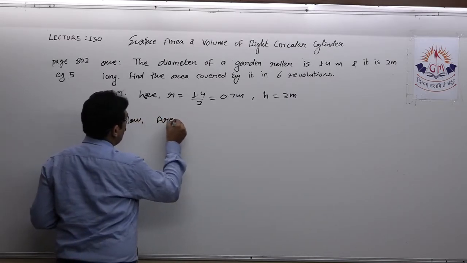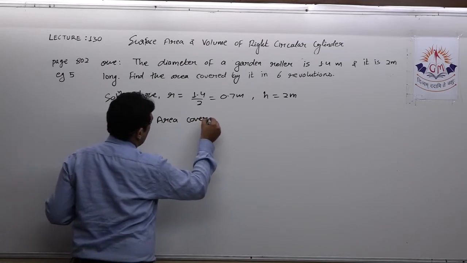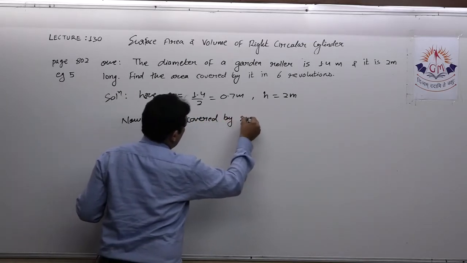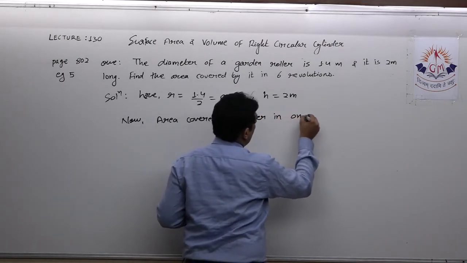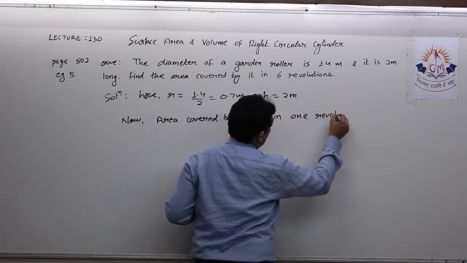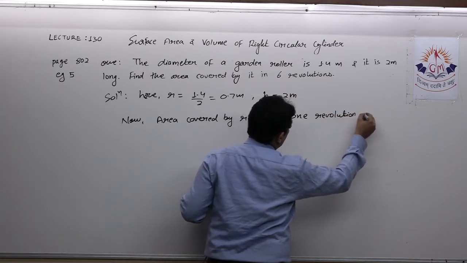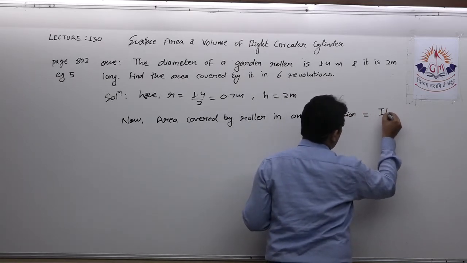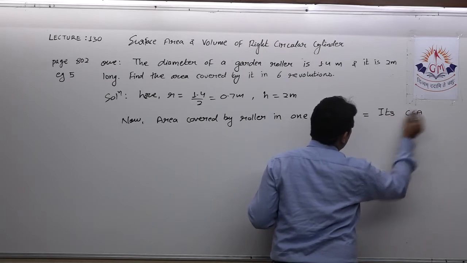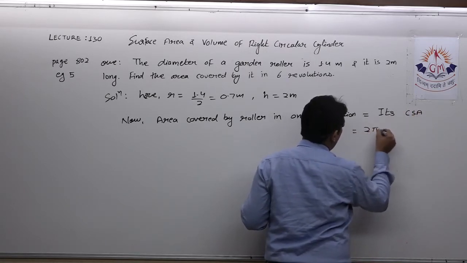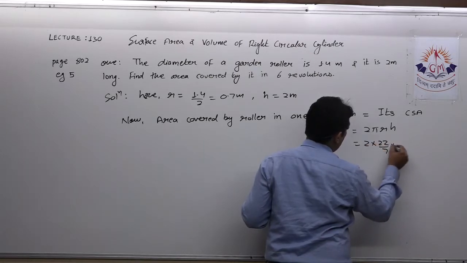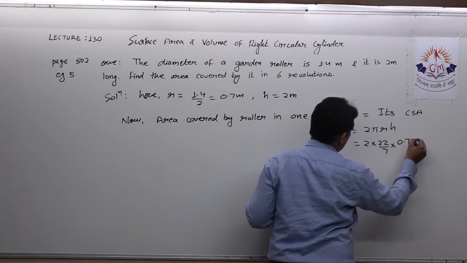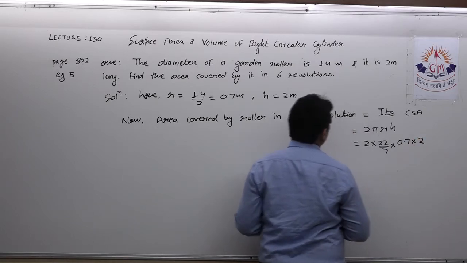Now area covered by roller in one revolution is equal to its curved surface area, that is 2 pi r h. So 2 into 22 upon 7 into 0.7 into 2.